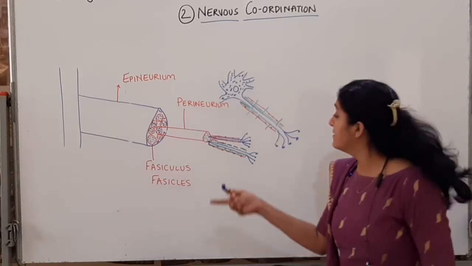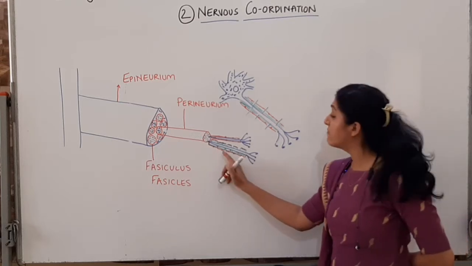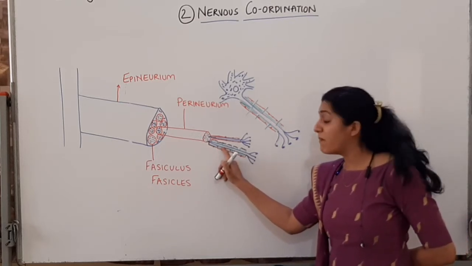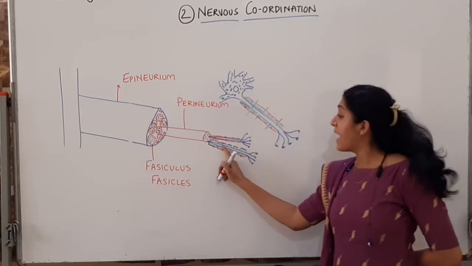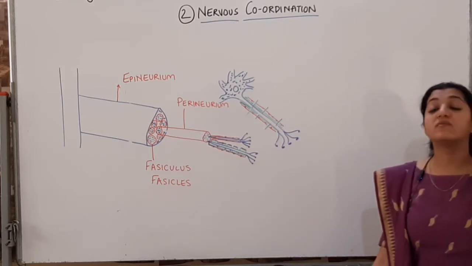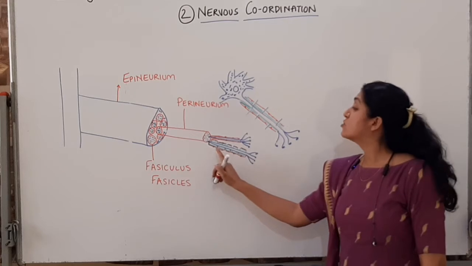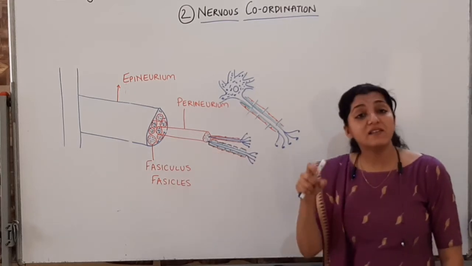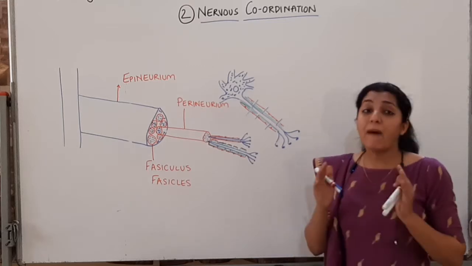Alright, we had seen this yesterday that if we go from inner to outer, you are going to have the axolemma, then the myelin sheath, then the neurilemma. Now each axon is also going to be covered by a covering.